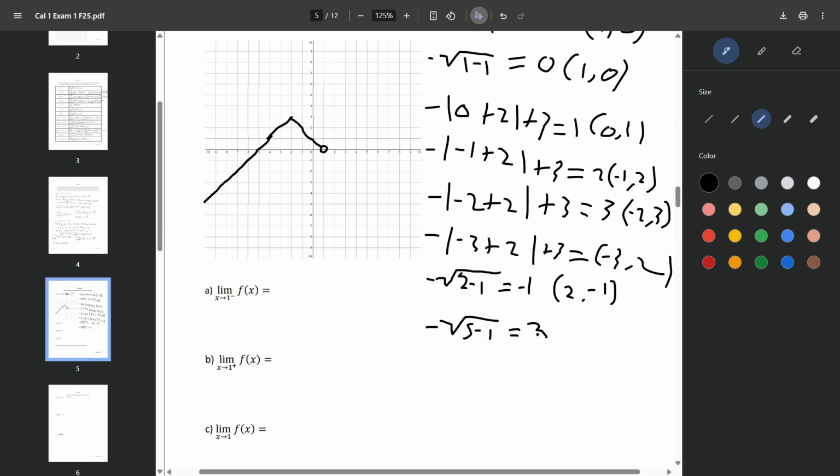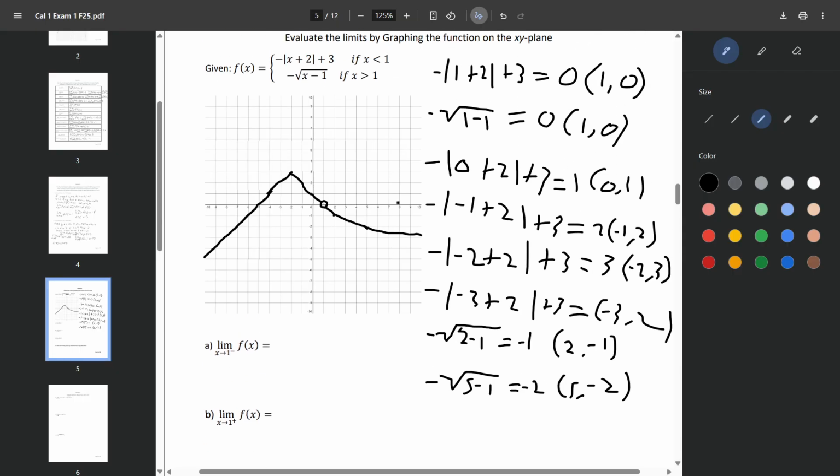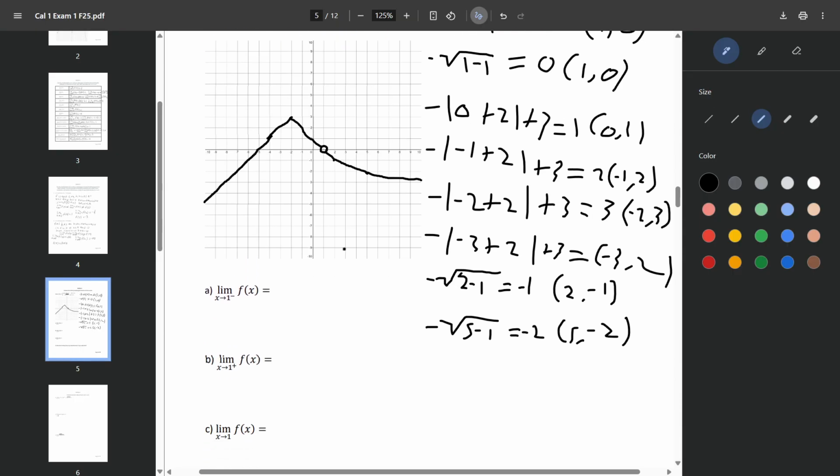That's going to equal -2. Alright, so we have our points there now, and alright, we now have our graph for this equation.